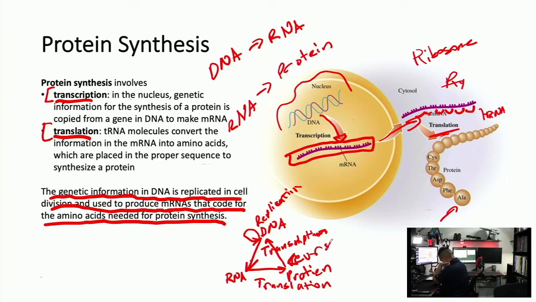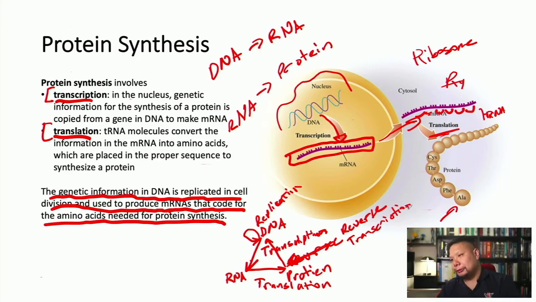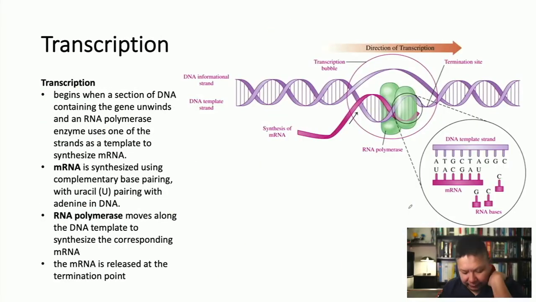It's an enzyme. That's getting very messy. It's always towards the end of the lecture where my Apple Pencil starts to die. Reverse transcription. And that's done by an enzyme called reverse transcriptase. Okay? Moving on, sorry, went on a tangent there.